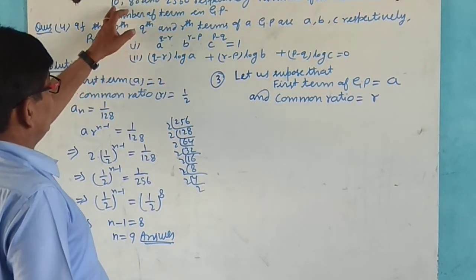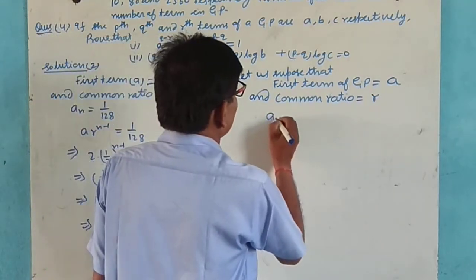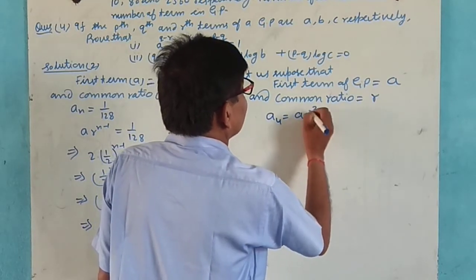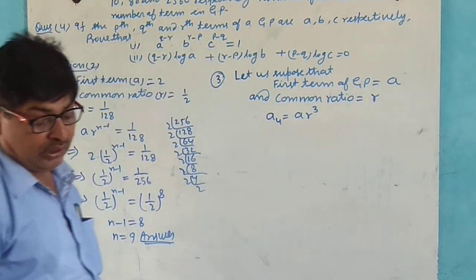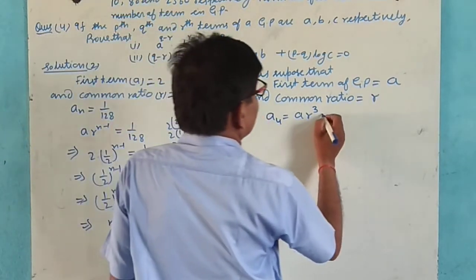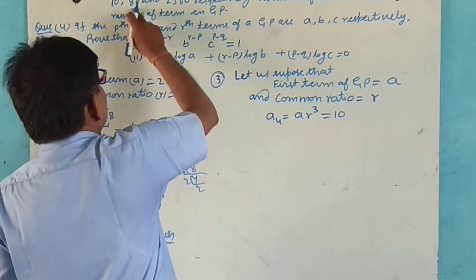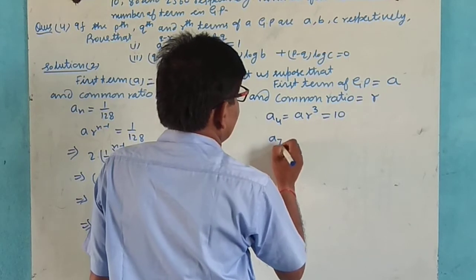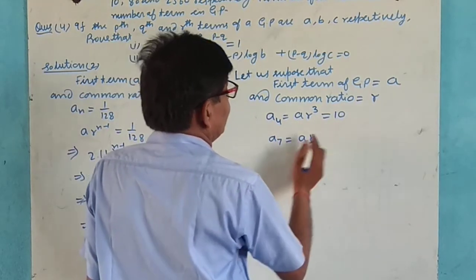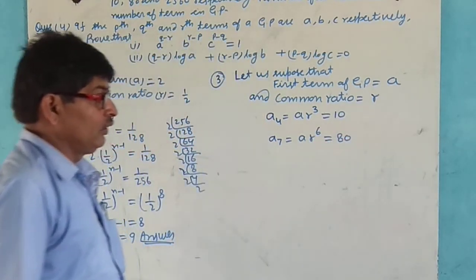Now the fourth term is 10. It means that a4 equals a r to the power n minus 1, that is a r cubed, and this is equal to 10. The seventh term is 80: a7 equals a r to the power 6, which is equal to 80.